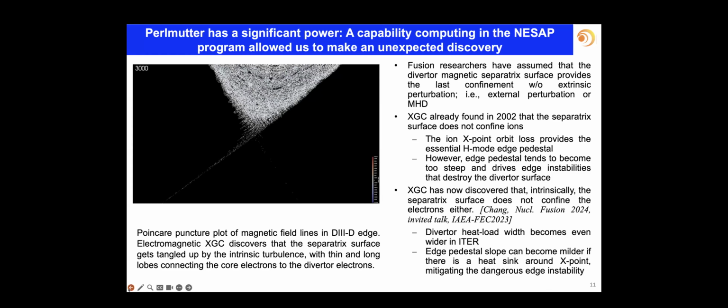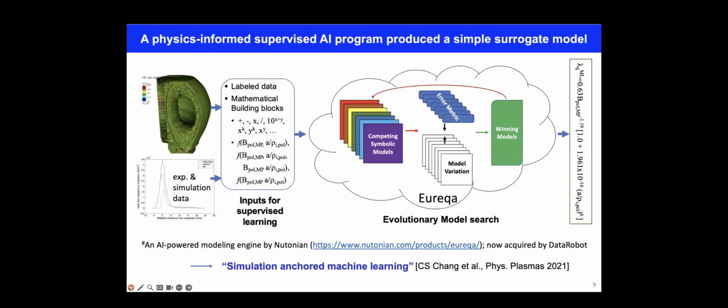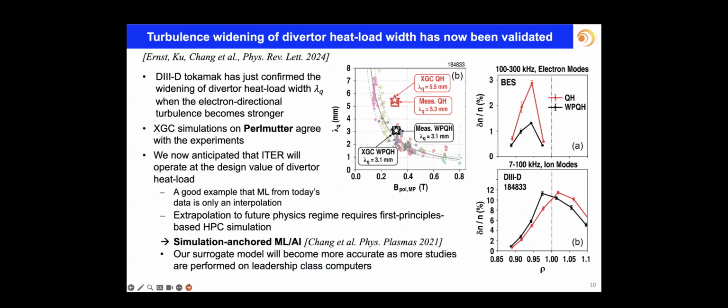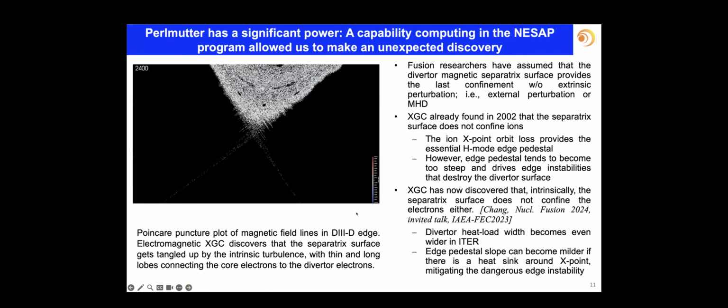And in the divertor heat load figure I showed you, from electrostatic to electromagnetic case, EM, the heat load width became wider due to this effect. And I have ideas of how to utilize this phenomenon to further broaden the divertor heat load width.